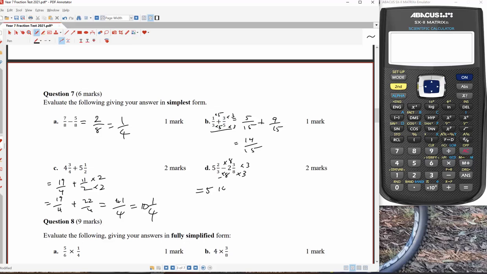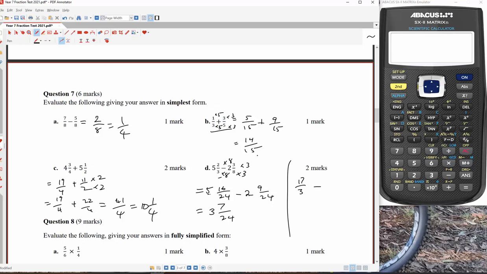So I've got 5 and 16 over 24, take away 2 and 9 over 24, which is equal to, so 2 from 5 is 3, 9 from 16 is 7 over 24.